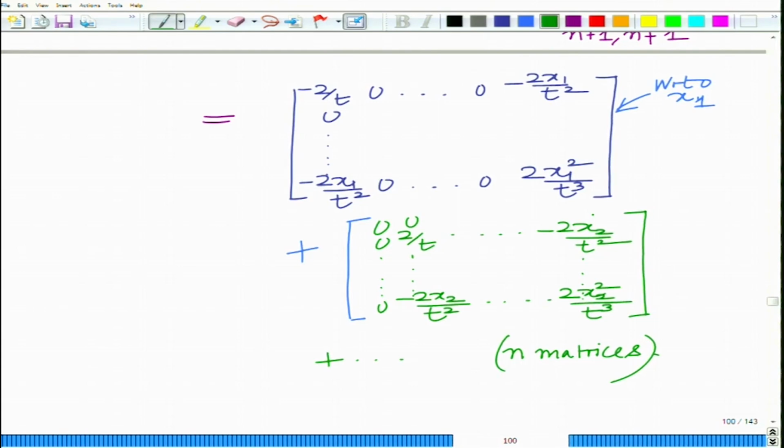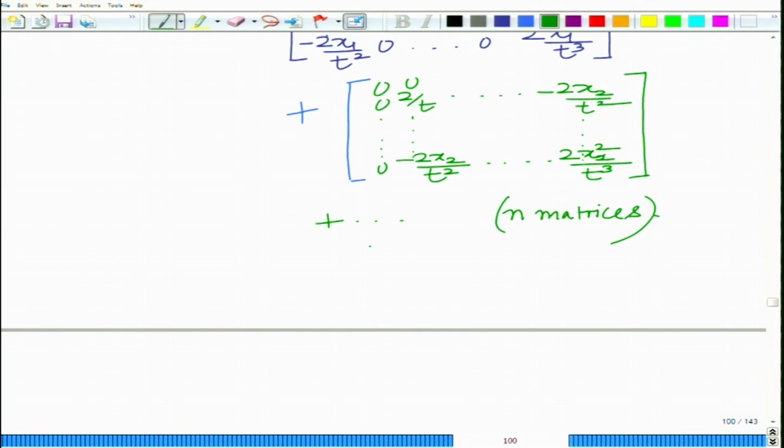Okay. Well, if you look at the structure of the ith matrix, corresponding to xi, it will have 2 over t in the I comma ith element.